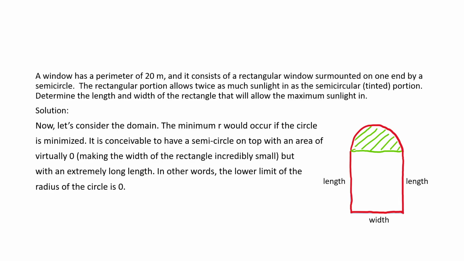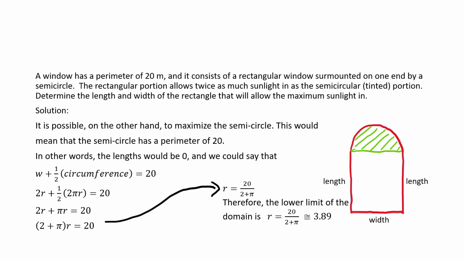For the domain, again, for the same reasons we said earlier, the minimum R would occur if the circle was minimized. So conceivably we can think of that as 0. We discussed that earlier in this video. On the other hand, if we wanted to maximize the semicircle, that would mean that the length was essentially 0. And so we would have the width plus 1/2 of a circumference equal to 20.